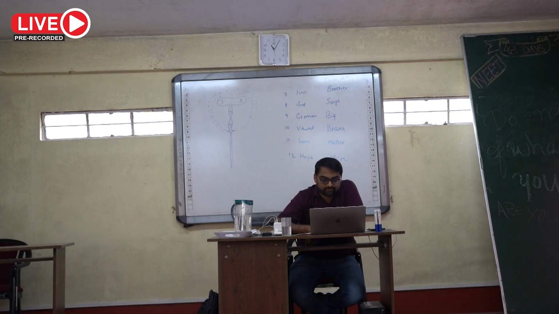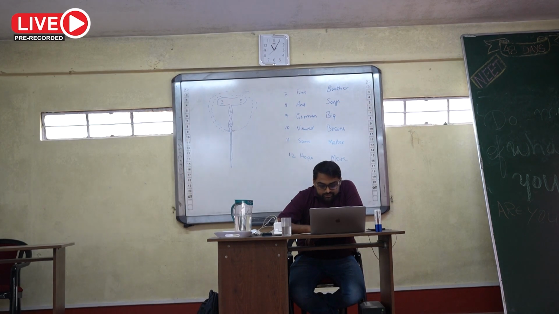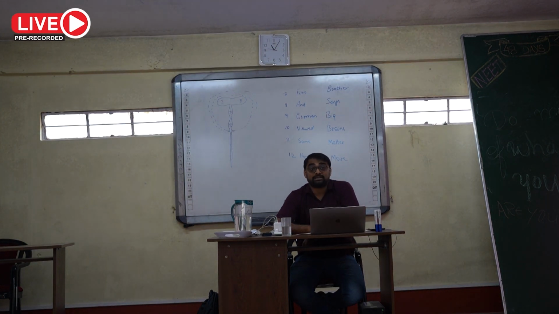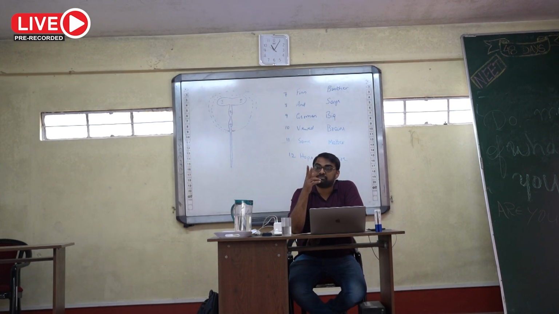Given below is a representation of a kind of chromosomal mutation. What type of mutation is represented? A, B, C, D, E, F, G. What is this mutation? Inversion. Deletion means something is removed.